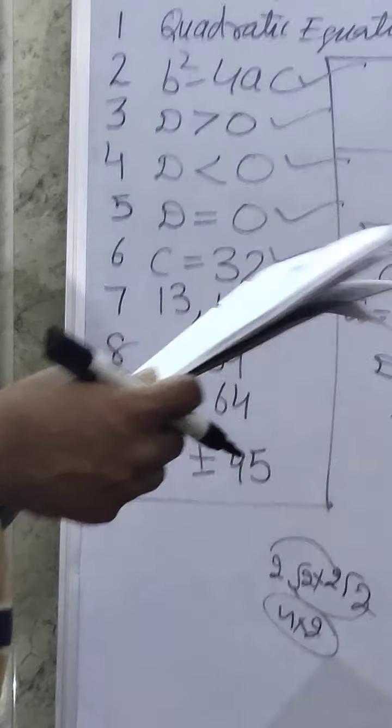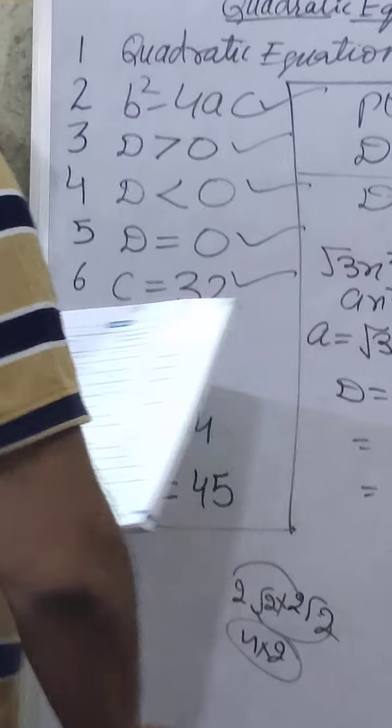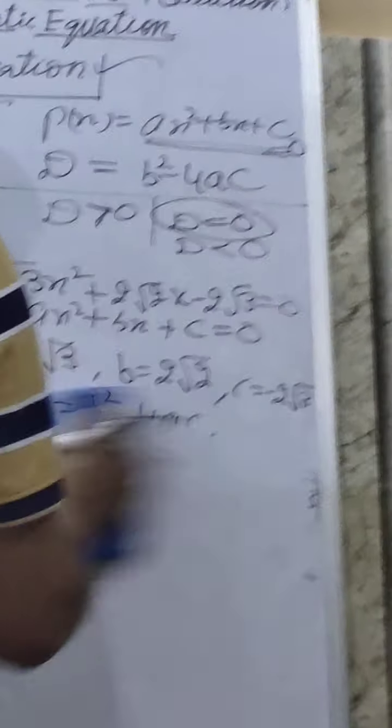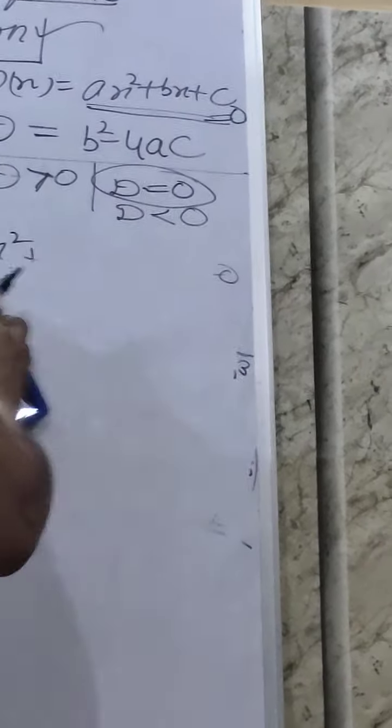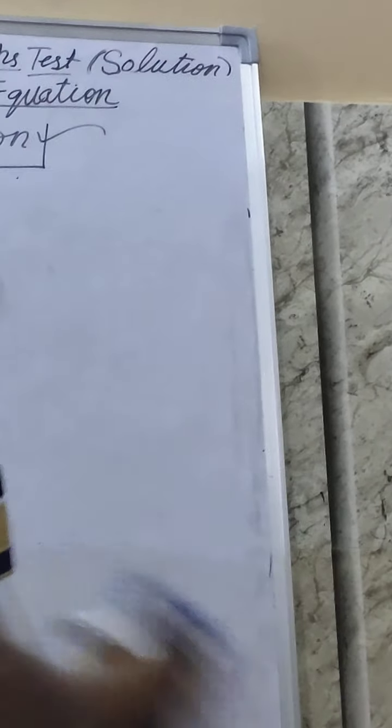So now, what was the next question? Find two numbers whose sum is 24 and product is 143. It is simple question from exercise 4.2. Statement is changed but method is same. So how you have to find out?